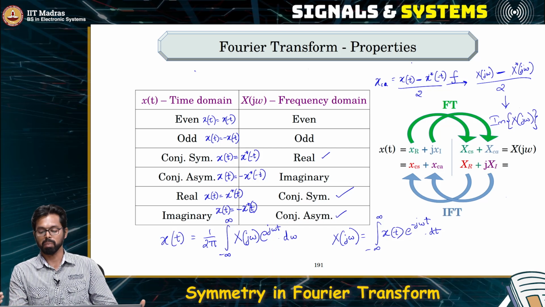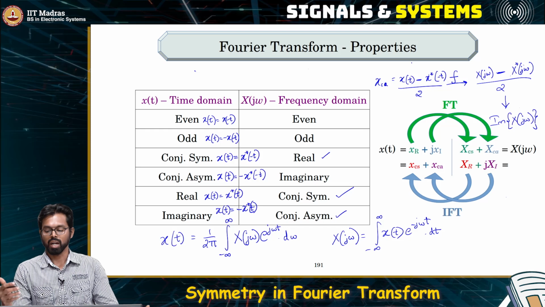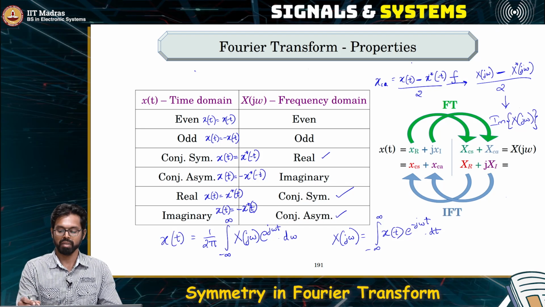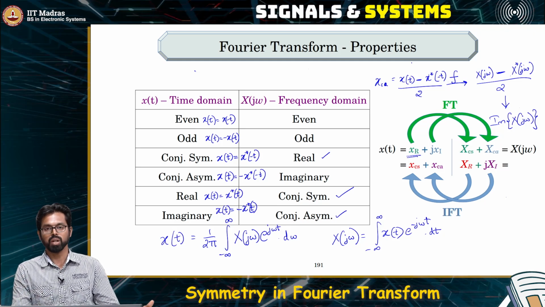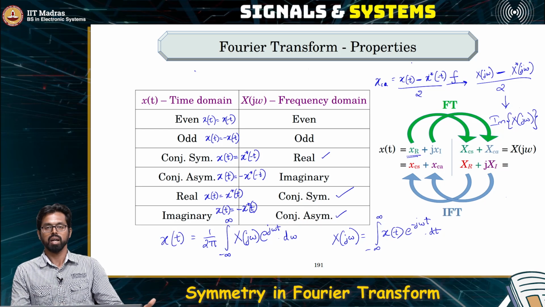So when we have a complex signal, then we know that the spectrum has to be containing both the conjugate symmetric part and the conjugate asymmetric part, and we can relate what happens in the spectrum due to the real part of the signal and due to the imaginary part of the signal, and the other way around.